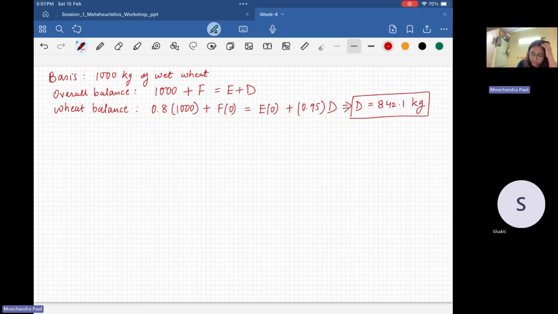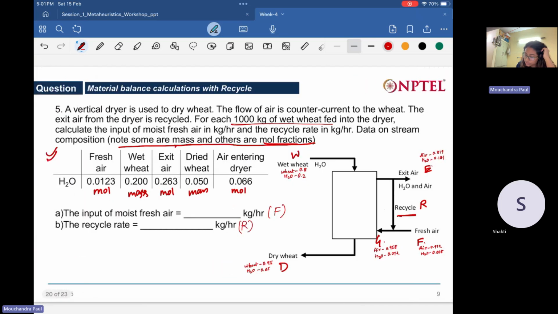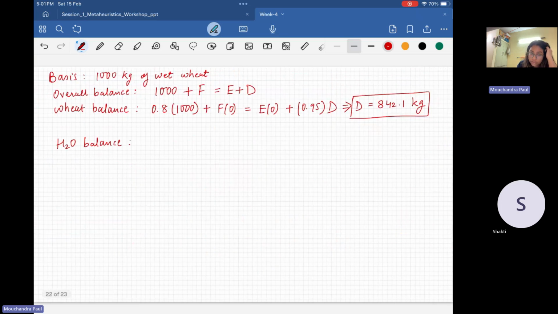Similarly, we can do a component balance for water. Water balance. So you see water is coming in the wet wheat. It is 20%, or 200.